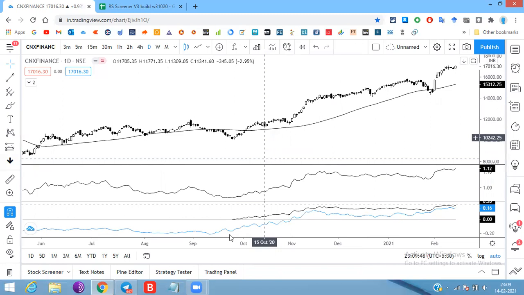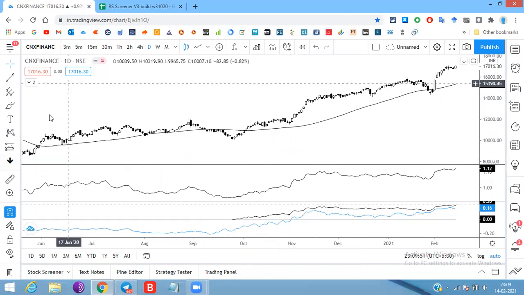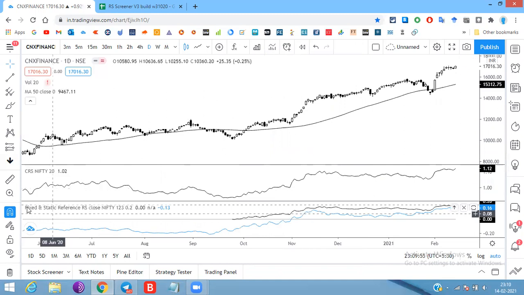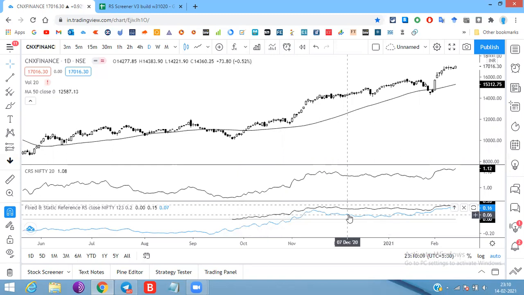This one is a pretty new indicator. This indicator is called fixed and static reference RS. This is nothing but an RS. This black line, as you can see, is the ARS look back period. This is the ARS, and the blue line, as you can see, is the 123 days SRS.